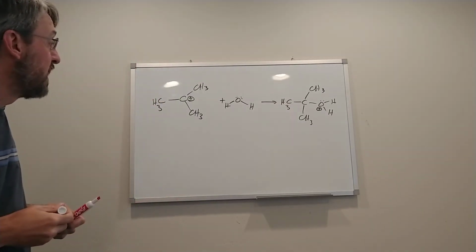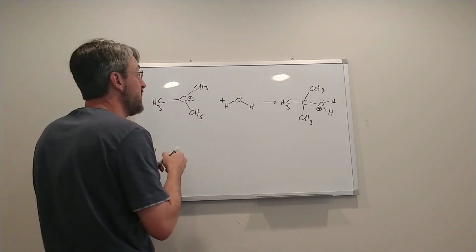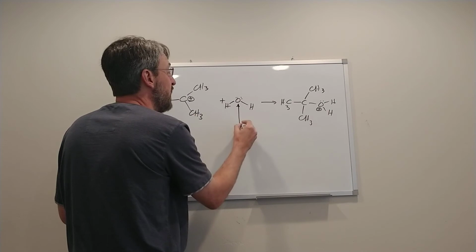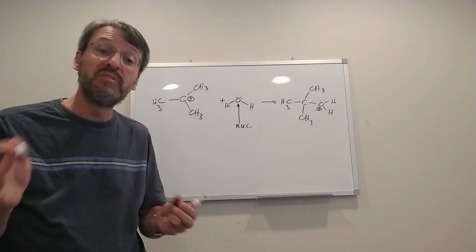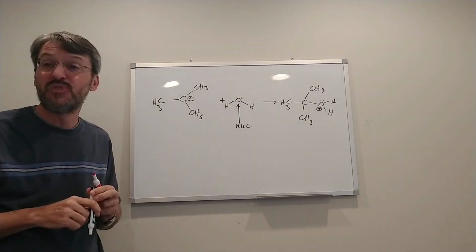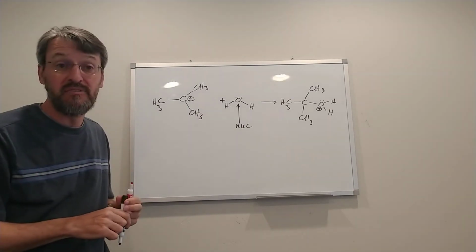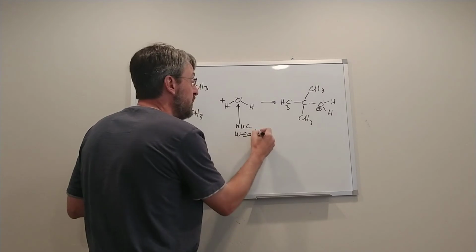So let's look at this one now. Well, the only thing with any electrons on it is this oxygen on the water molecule, right? So that has to be our nucleophile. But now that's a neutral molecule. Water is a perfectly happy, stable molecule. So that is not strong. It doesn't really want to do anything particularly, but you can make it do something if it really needs to. So this is going to be a weak nucleophile.